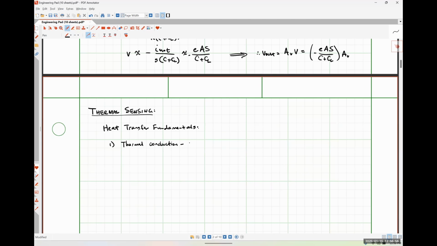So this is heat transfer through a solid medium in the presence of a temperature gradient.